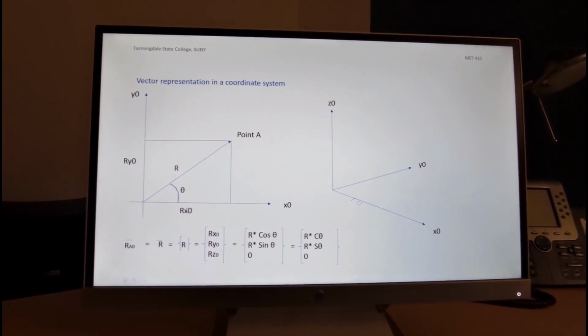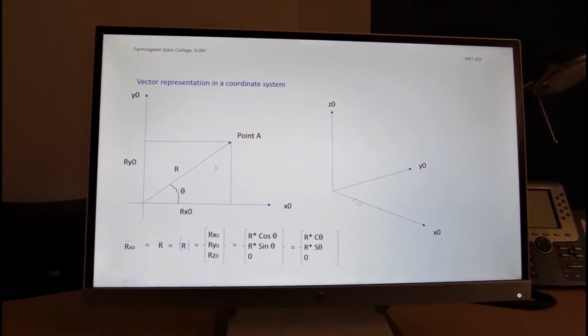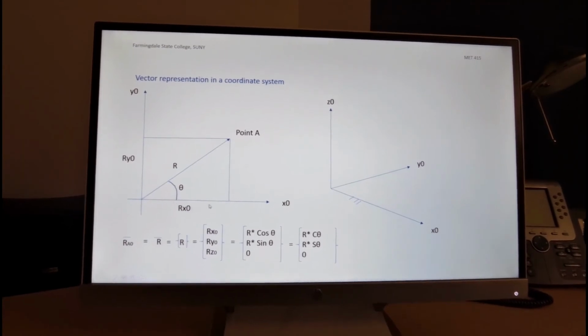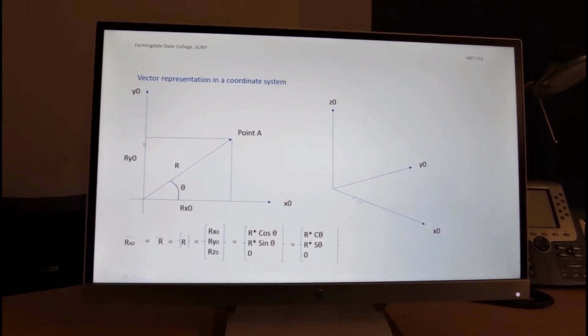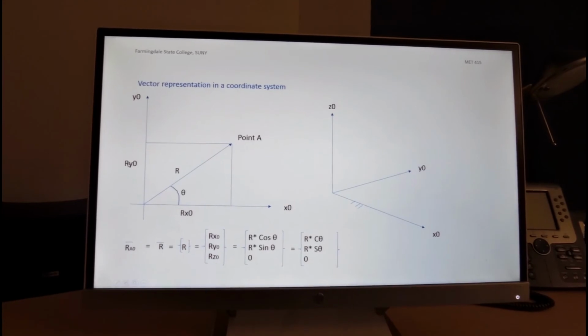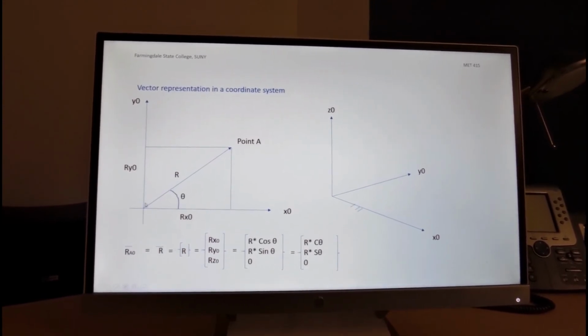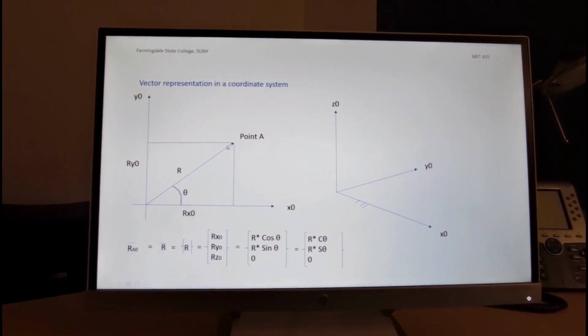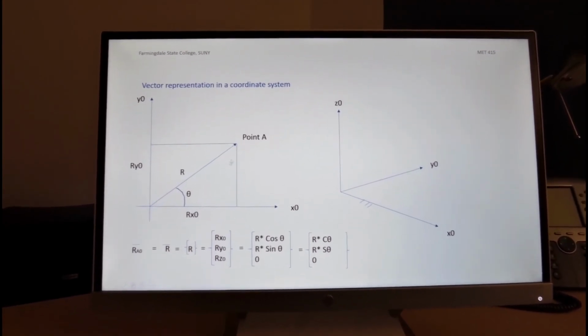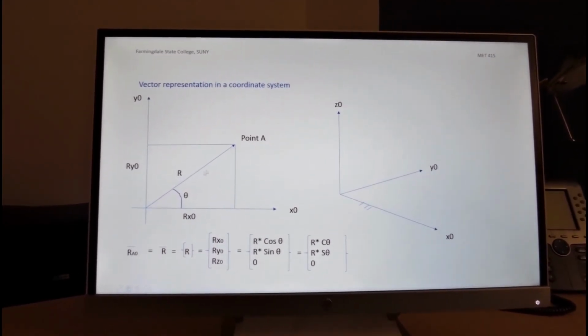We call them r, x0, because this vector is resolved along the x0 axis. And we have also a coordinate of resolution over here of r, y0. These are the two components of vector r, and we can designate in upcoming discussions in the following way.